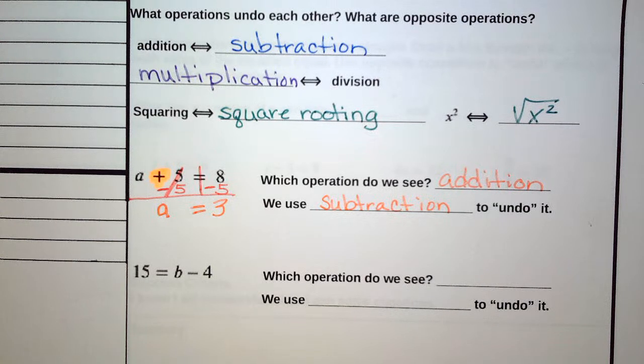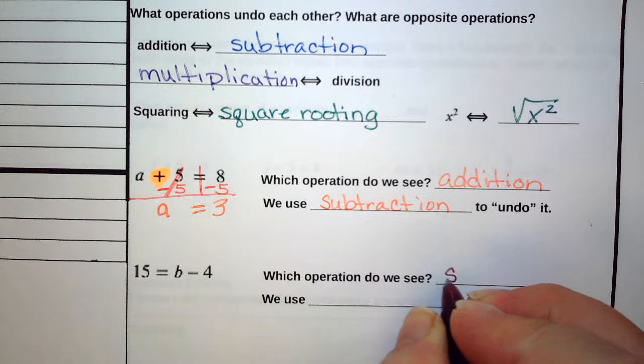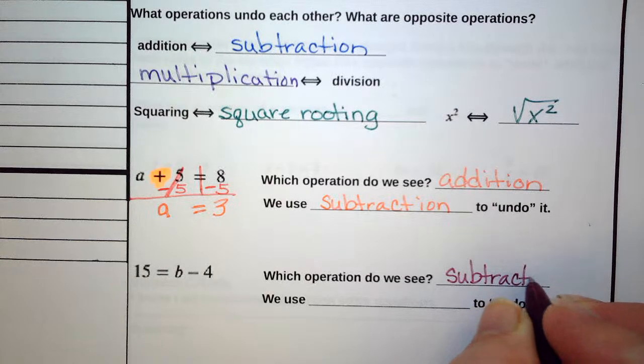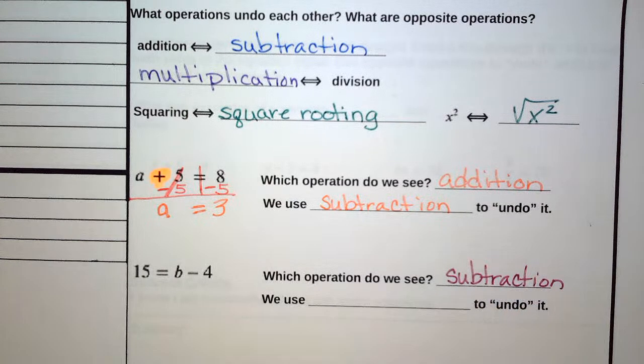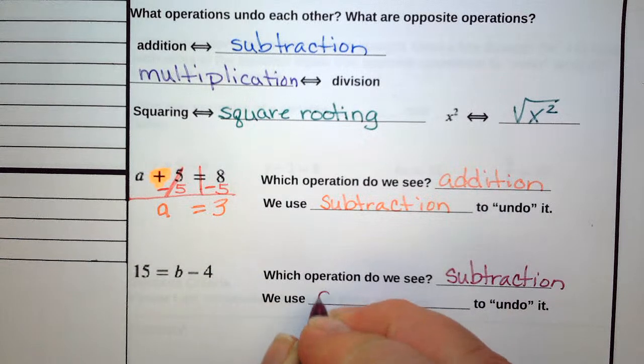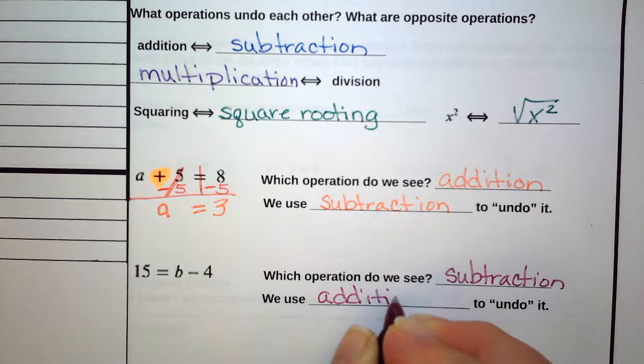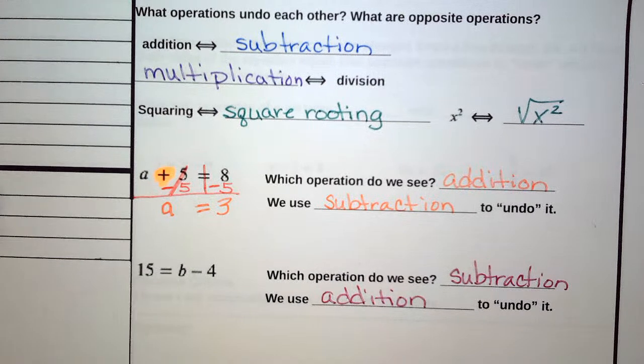For the next one, 15 equals b minus 4. What operation do you see? Subtraction is correct. Now, we use what to undo subtraction? We use addition to undo subtraction.